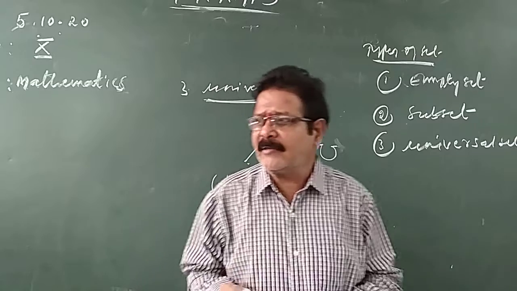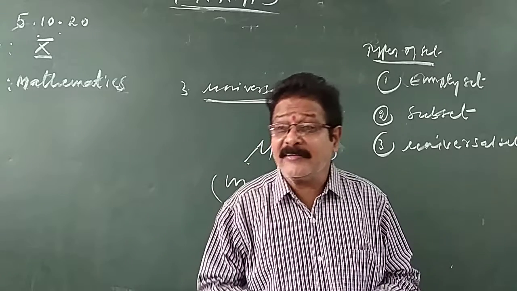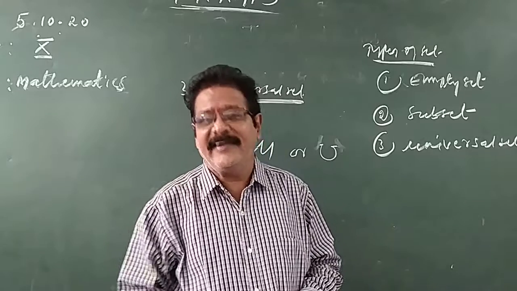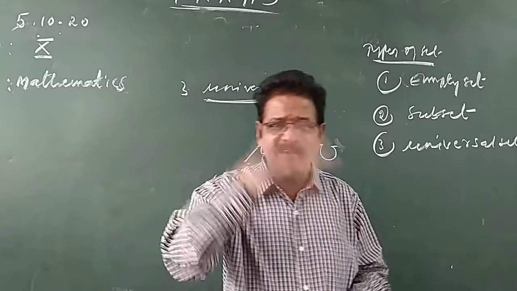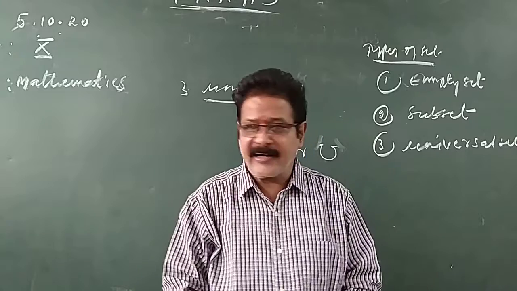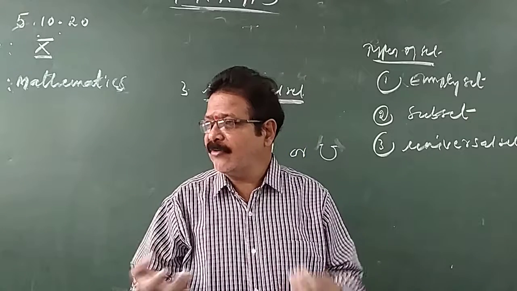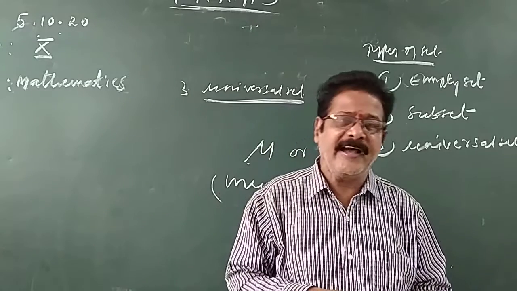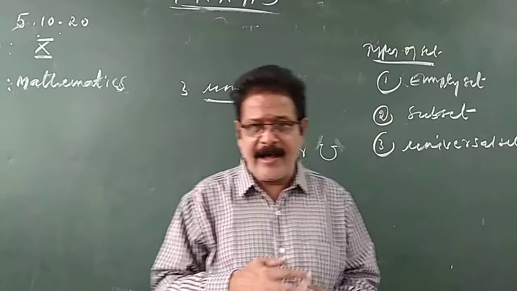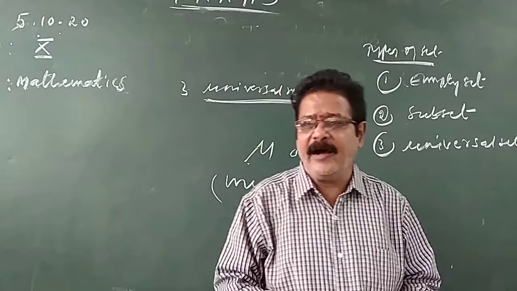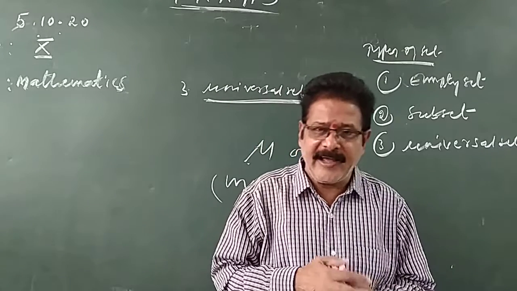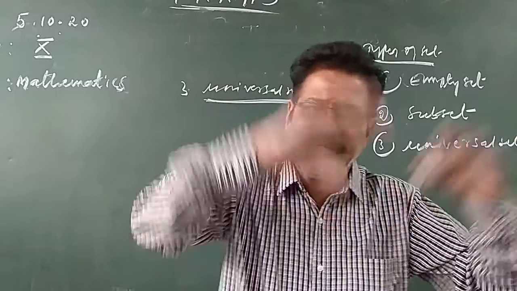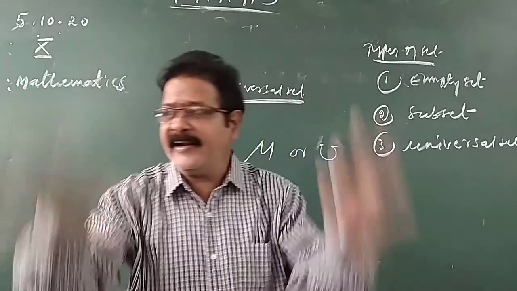Or Telangana is a subset of India. Why? Telangana is one of the states in India. India contains 26 states, all of which are subsets of India. Odisha, Madhya Pradesh, Andhra Pradesh, Karnataka are subsets of India.